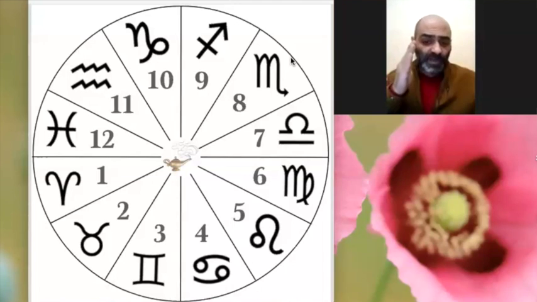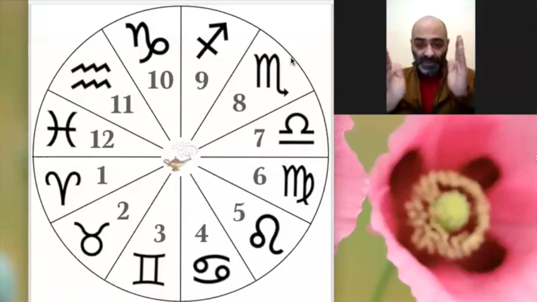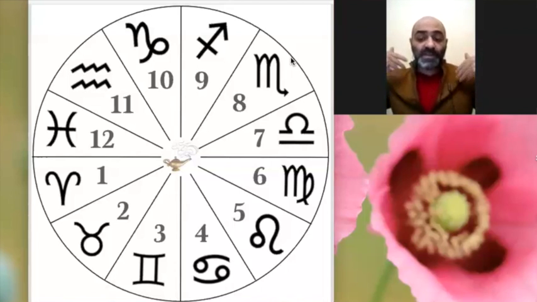So the 4th house, the 8th house, and the 12th house are the houses that take the person to moksha, that liberate the soul of the individual. Because these are basically the psychological houses, the 4th and the 8th house. And the 12th house shows the release, the transcendence, the culmination.